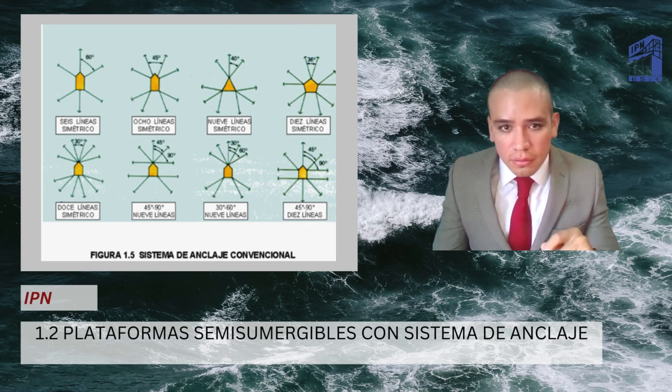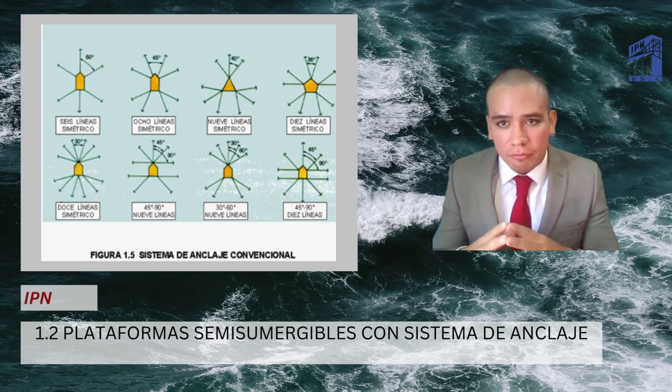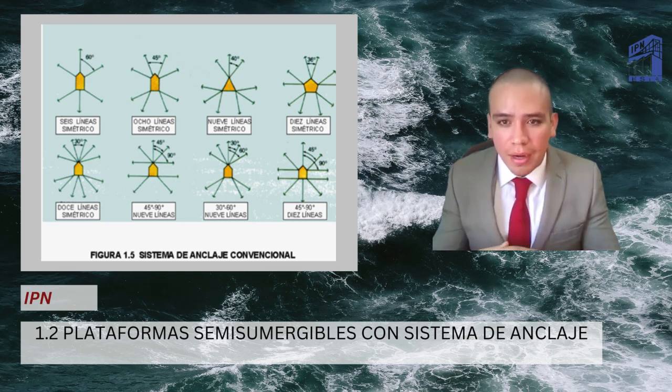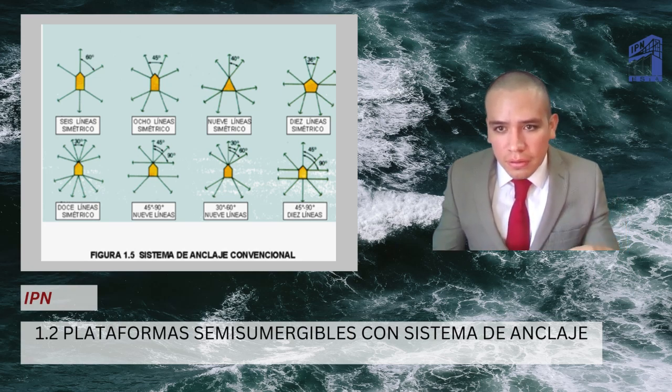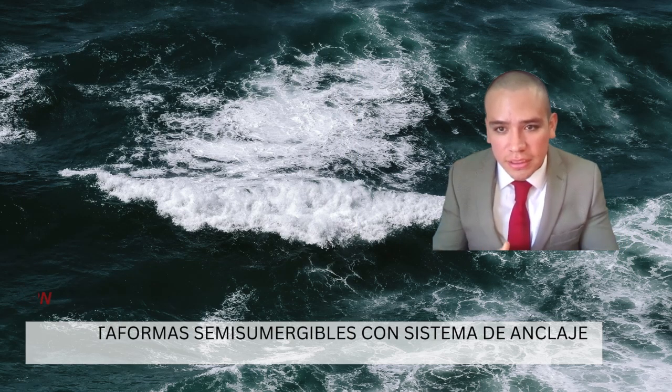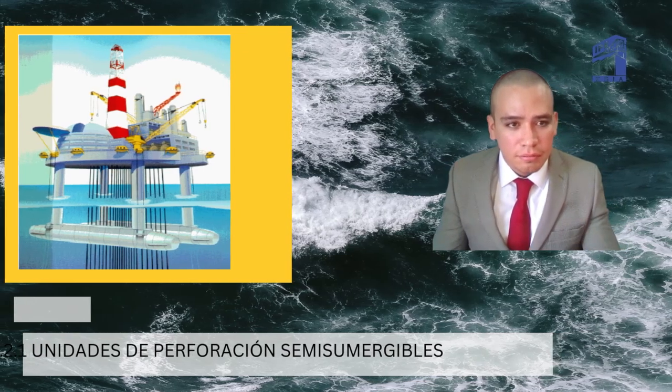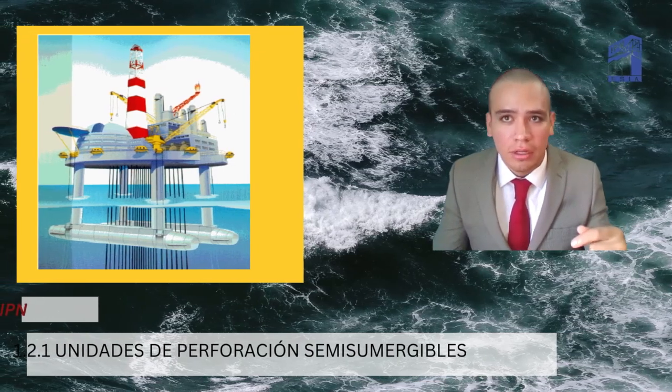1.2 Semi-submersible platforms with anchoring system. 1.2.1 Semi-submersible drilling units. They are designed for operation in waters greater than 500 meters and are subject to severe marine conditions and high winds.